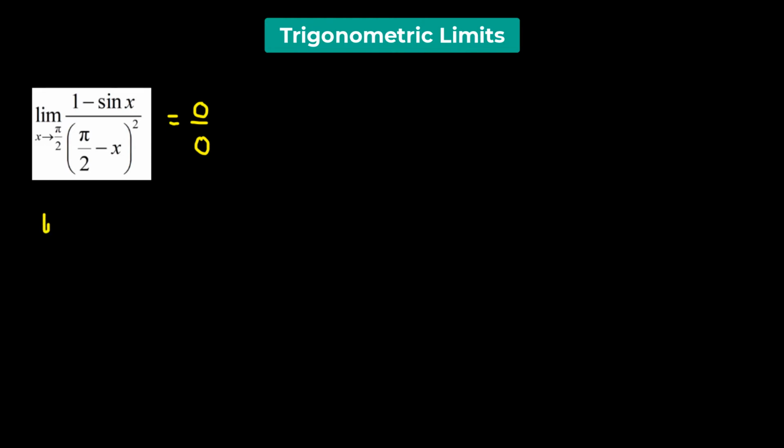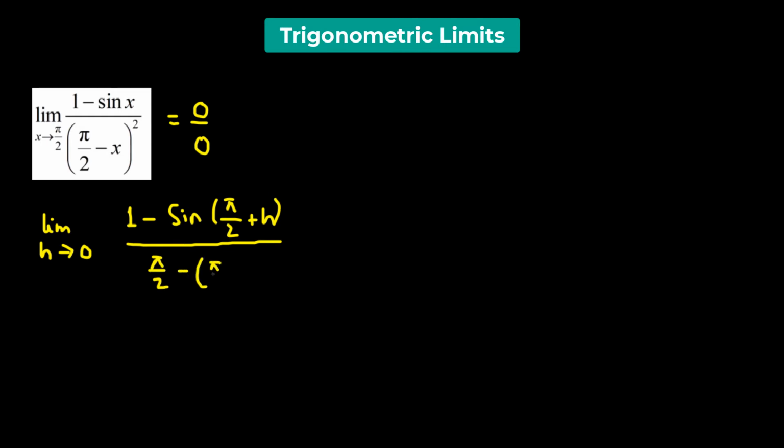So here we do a limit change. We have limit h approaching 0, so we will be replacing x by π/2 plus h, divided by (π/2 minus (π/2 plus h)) whole squared.